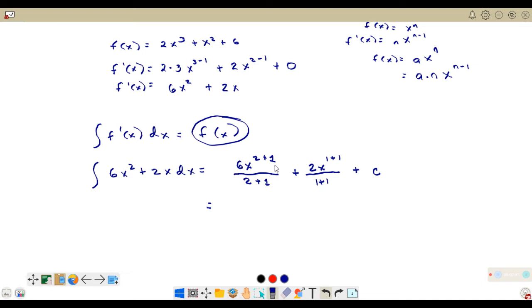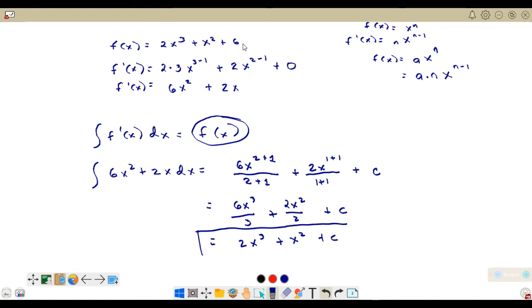So for here, let us simplify. We have 6x raised to 3 over 3 plus 2x squared over 2 plus c. We are going to end up with 2x cubed plus x squared plus c, where c is any constant.